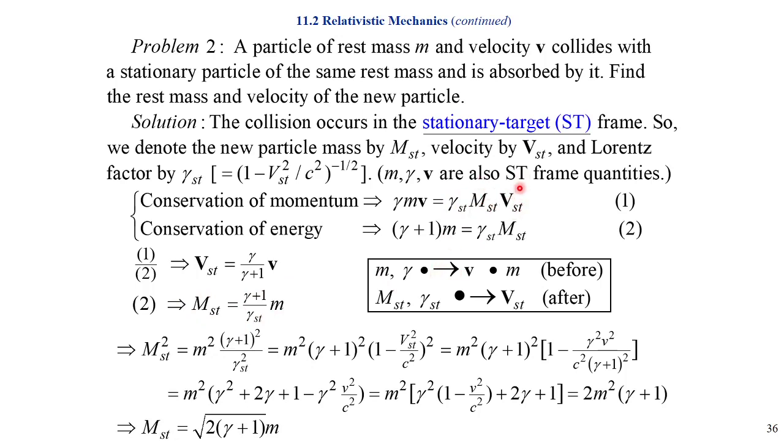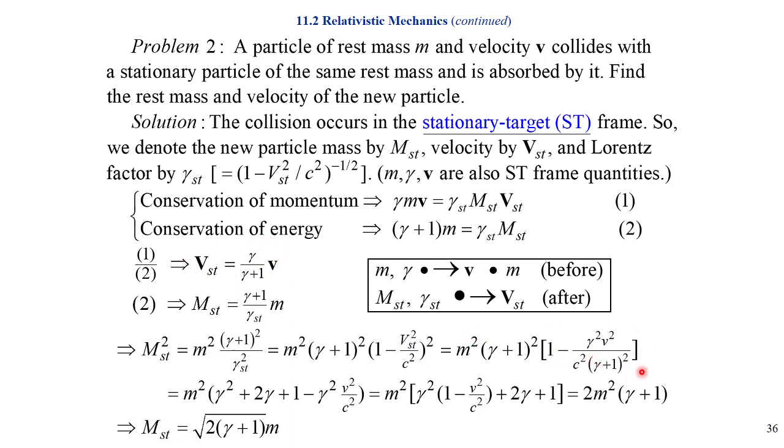Once we get V_st, we get gamma_st. So M_st squared equals M squared (gamma plus 1) squared over gamma_st squared. But gamma_st squared equals this one. We can rewrite this because we know V_st equals this one.